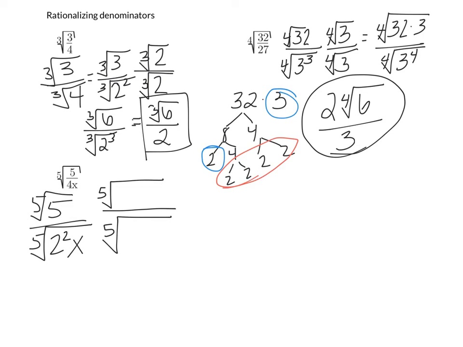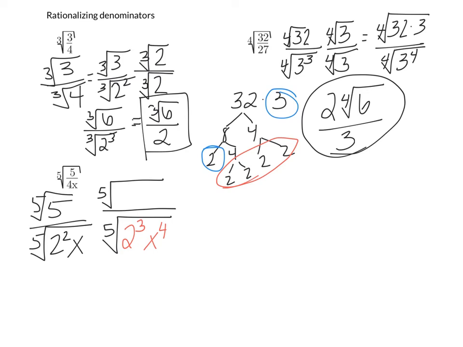So I have 2 2's, I need 5 2's. I have 2, I need 5. So that means I need to multiply by 2 or 3 more 2's. So 2 cubed. And the x's, I have 1 x, I need 5 of them. I need to multiply by x to the 4th.